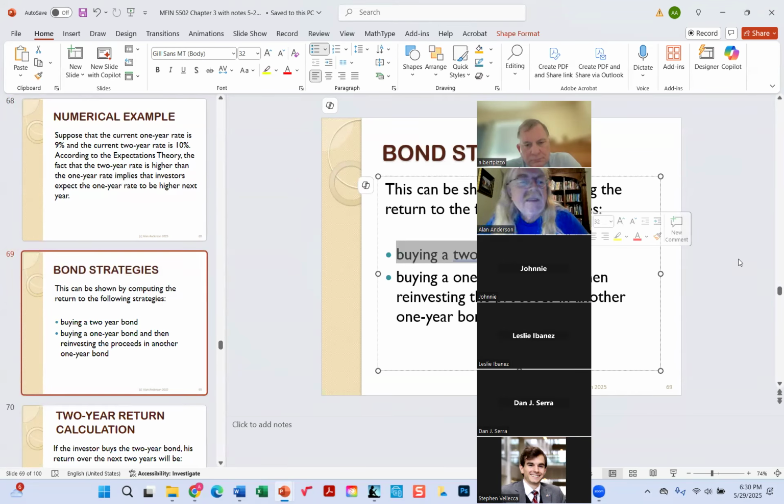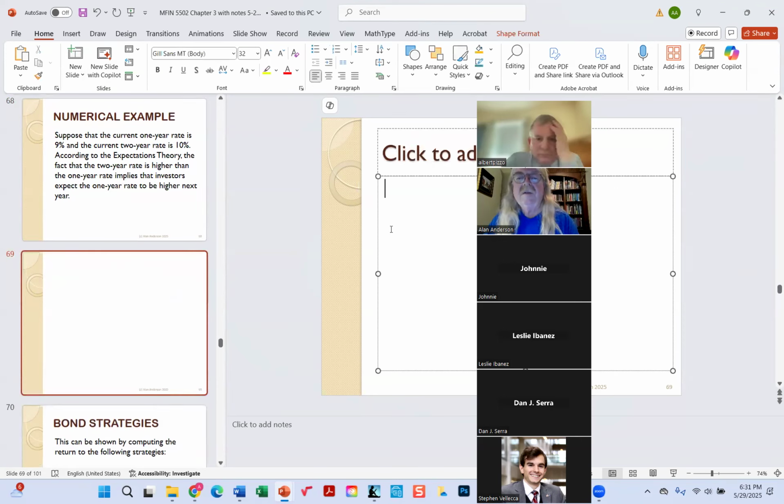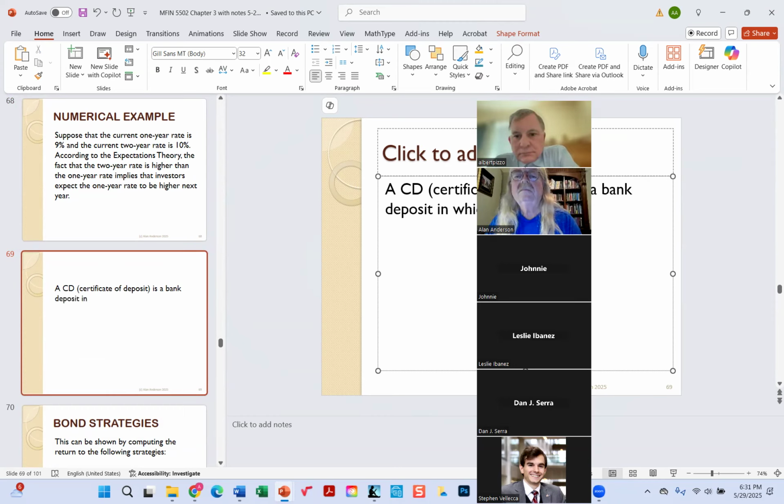I guess everyone knows, but I mentioned this here in case you haven't heard of this before: a CD is a bank deposit in which the investor must leave the funds at the bank for a fixed length of time.